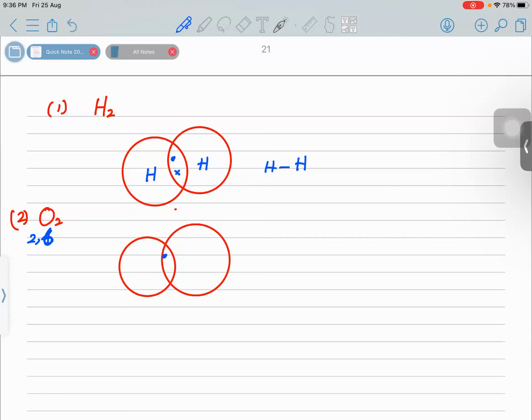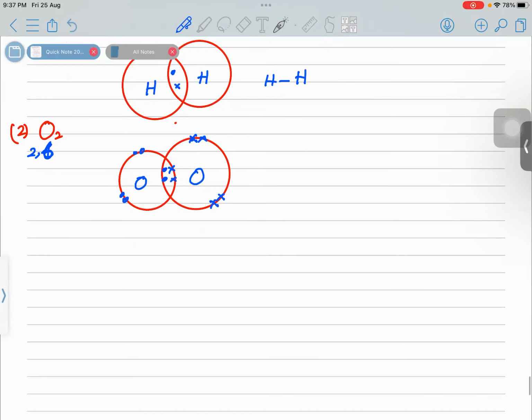So 1 for covalent. Oxygen has 6 electrons: 1, 2, 3, 4, 5, 6. The second oxygen atom again has 1, 2, 3, 4, 5, 6. So this is O2.